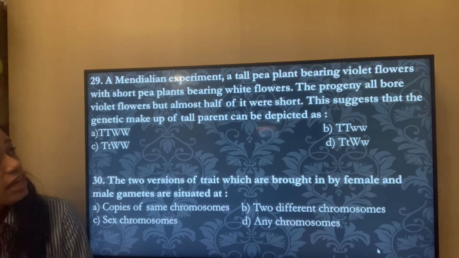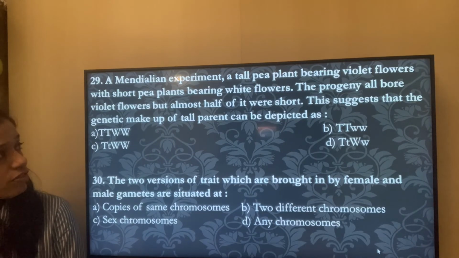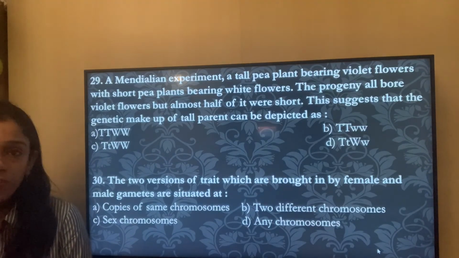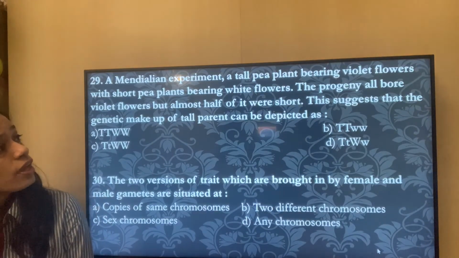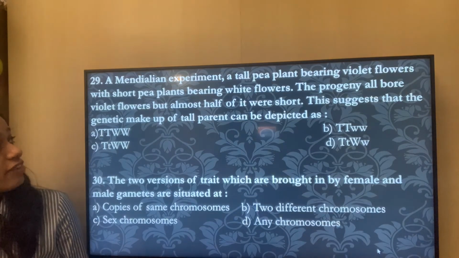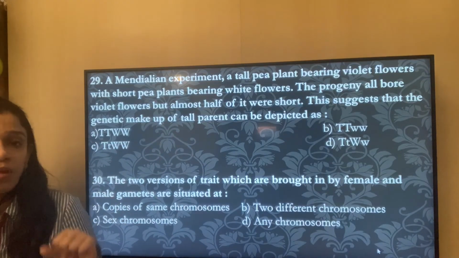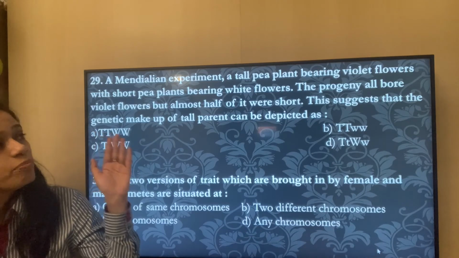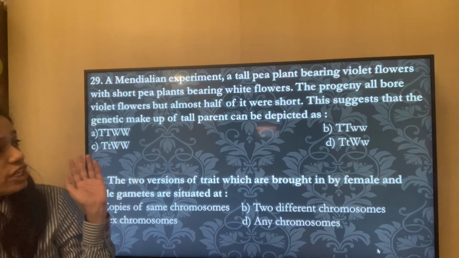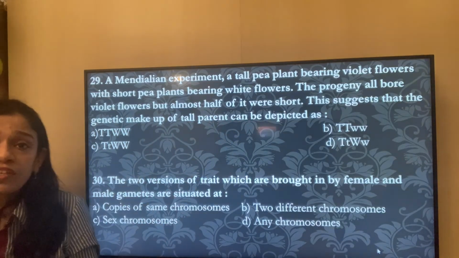Now they are telling us what the genetic makeup of the tall parent is. All the progeny had violet flowers, but almost half of it was short.